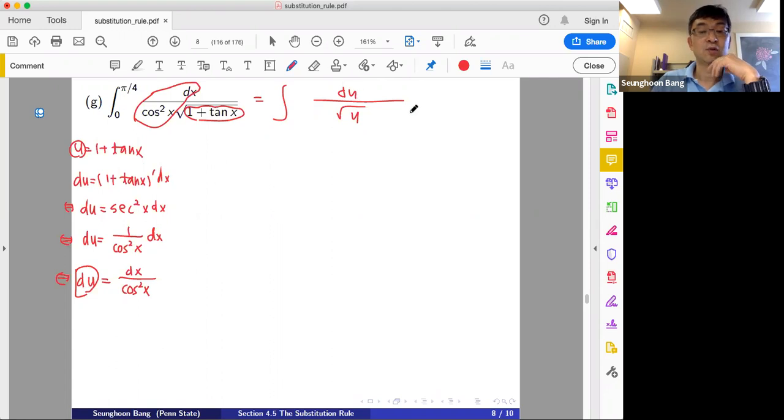Only du, like this. So this relation is g of x. You plug in 0, we have g of 0. You plug pi over 4 into here, g of pi over 4.